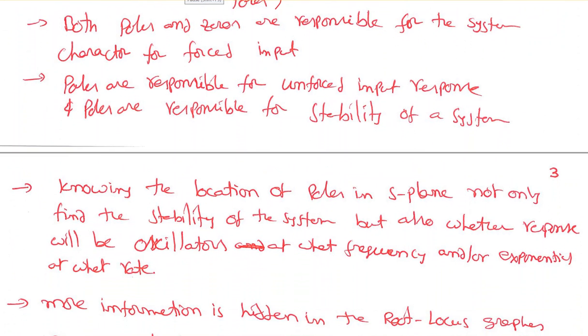Knowing the location of the poles in the S-plane not only finds the stability of the system, but also whether the response will be oscillatory motion and at what frequency, and whether it is an exponential response and at what rate. We can find that out by knowing the location of the poles.